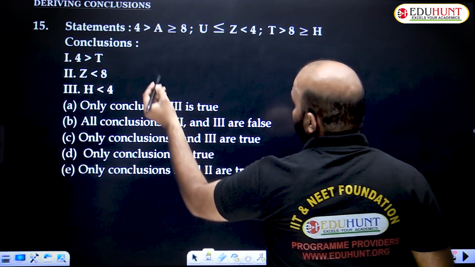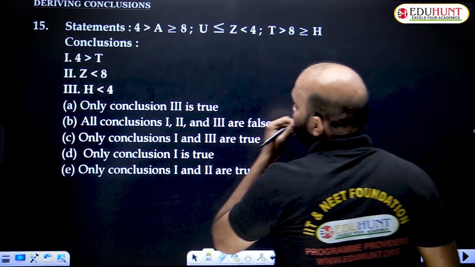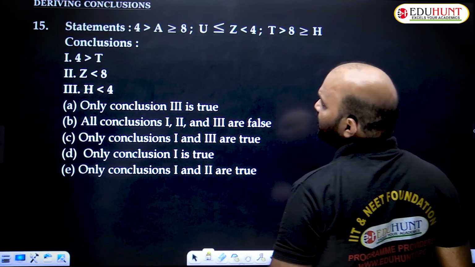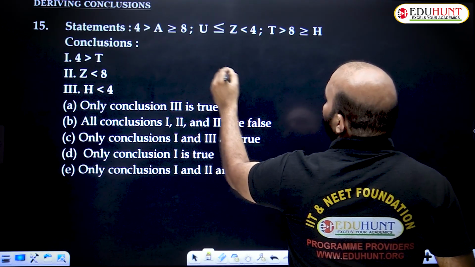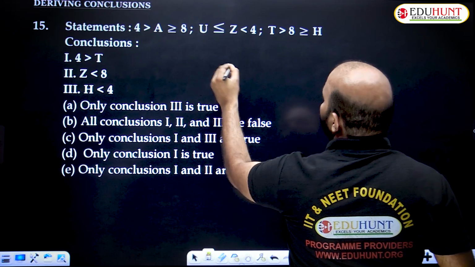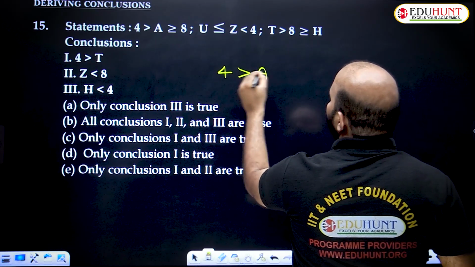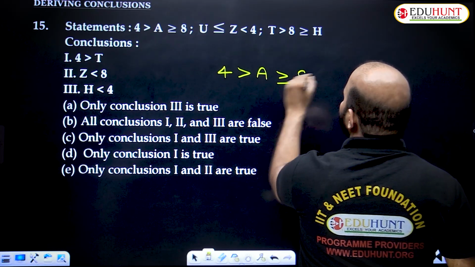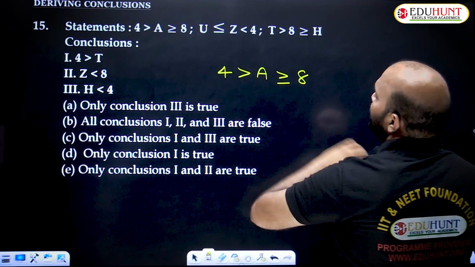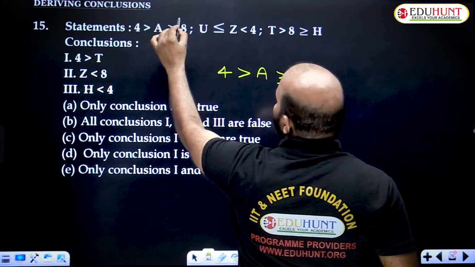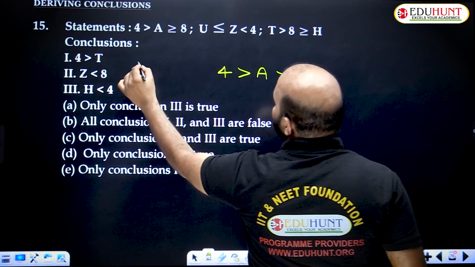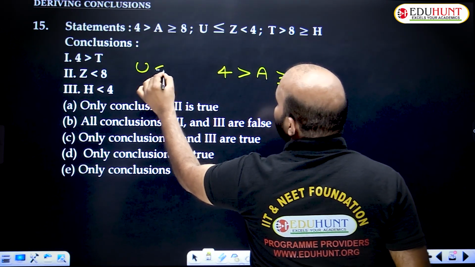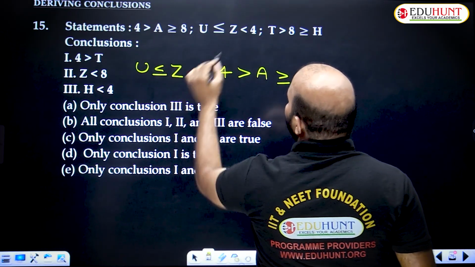By using the three statements, how are we going to write the single statement? So first one, what I am given, 4 is greater than A, again A is greater than or equals to 8, and here the first one is over. Second one, U is less than or equals to Z, Z is less than 4.